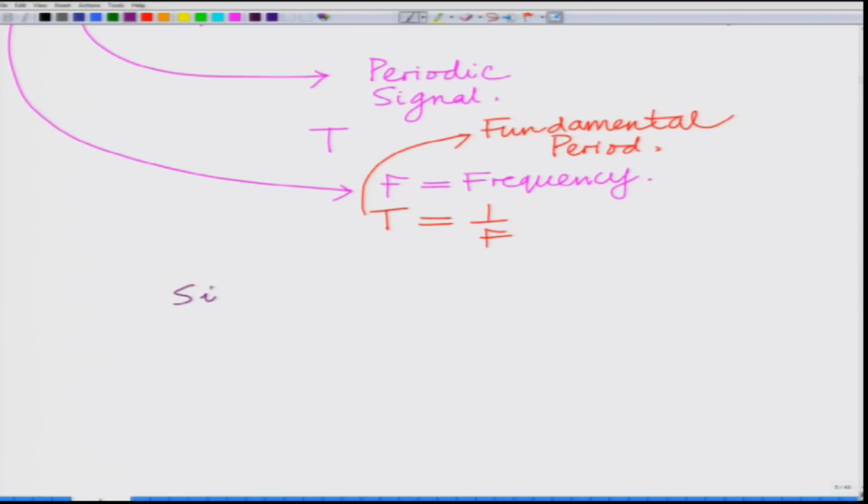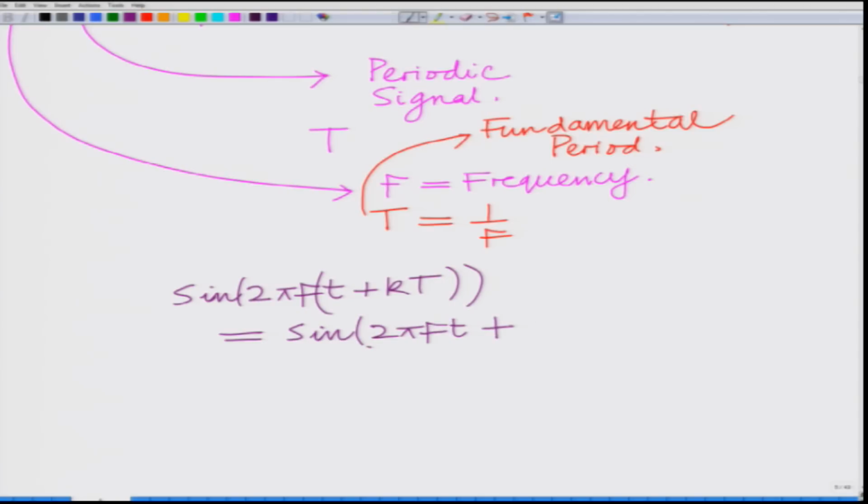sin 2 pi f t equals sin of 2 pi f t plus some multiple k T of the period, which is equal to sin of 2 pi f t plus 2 pi k f into capital T. But we know T equals 1 by f, which implies f times T equals 1.